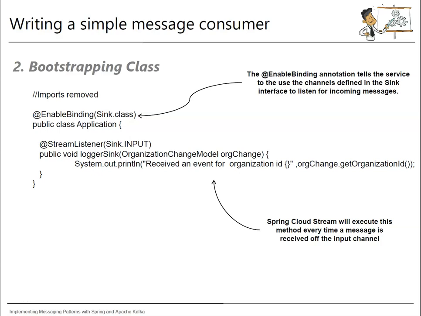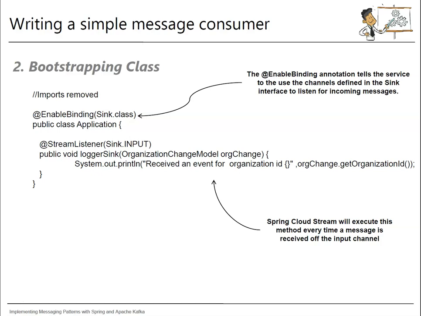To implement a consumer, we need to use two annotations. The first is enable binding. We set this annotation with the Sink class. When we use the Sink class with enable binding, it means that we are referencing a consumer. The other annotation is stream listener. We use this annotation on the method that will be the consumer of the message.